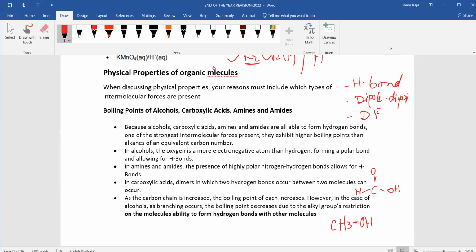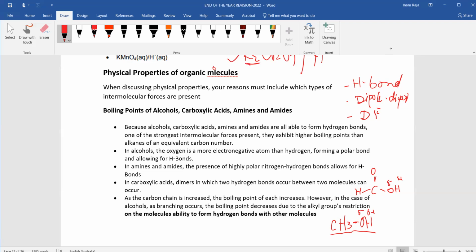Which one is more soluble in water? Which one has the higher boiling point, melting point? Think about the forces. The methanol can make hydrogen bond because of this group, and carboxylic acid can also do that. Both can make hydrogen bond.